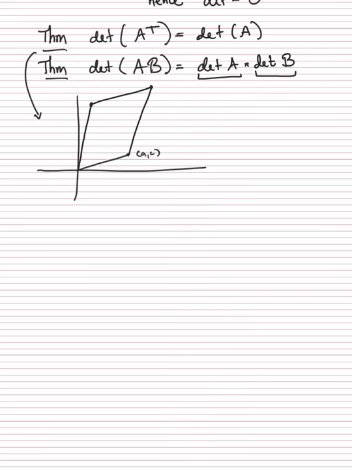Then for the transpose, I take the coordinates (A, B), so that goes somewhere, and then (C, D) goes a little here. Notice the vectors here are the same, so you can imagine that these will have the same area.